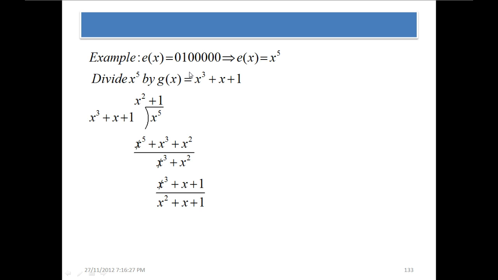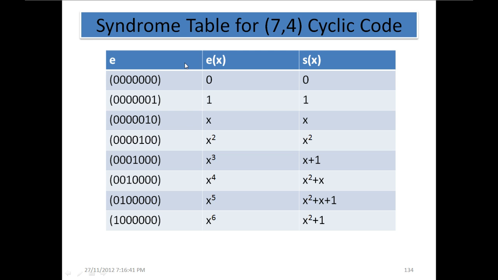So if we get this remainder when we are decoding the received polynomial, then it means the error is at x raised to the power 5, or the 6th bit of the received code word.